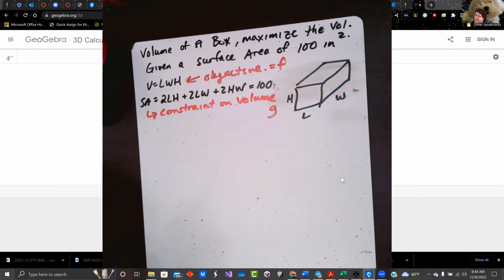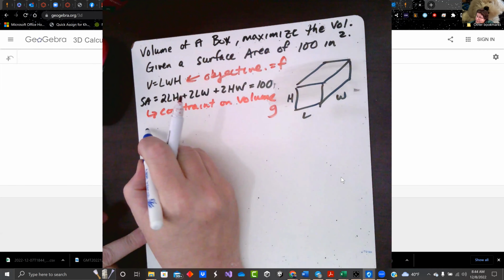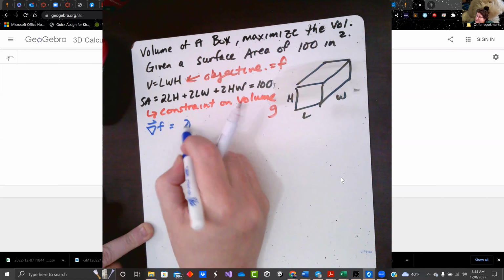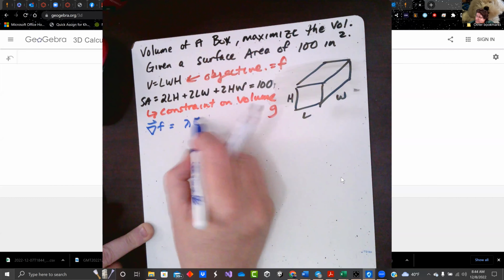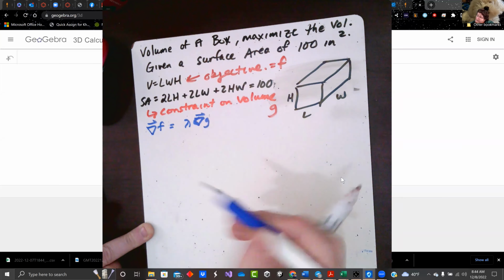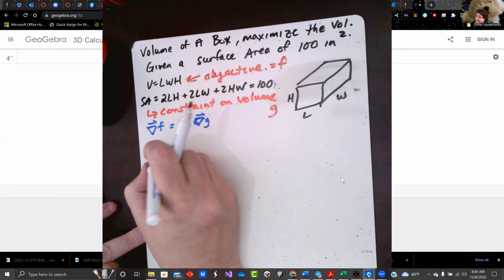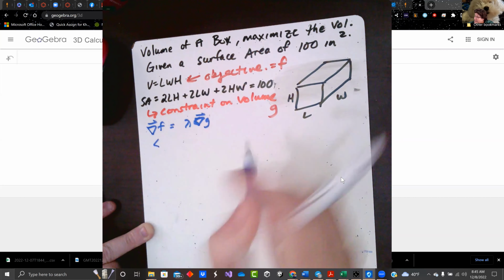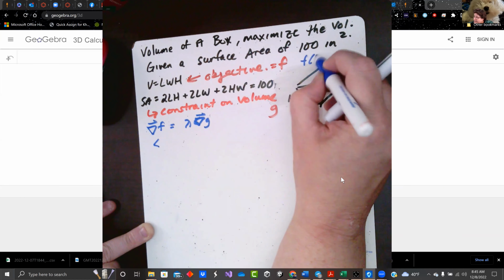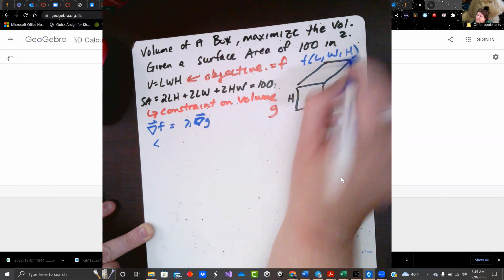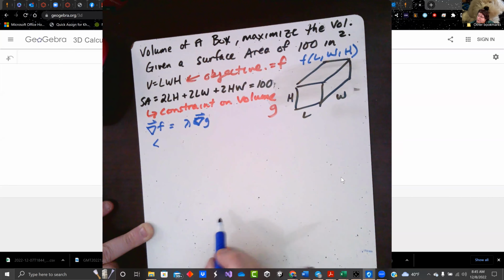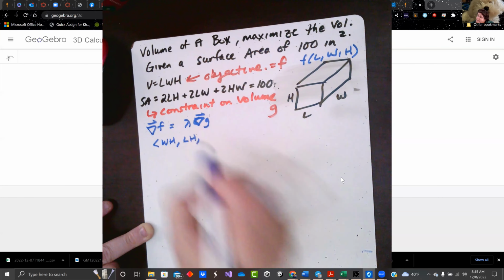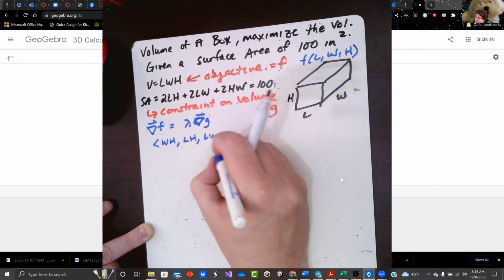So we're going to do the gradient of F needs to equal lambda times the gradient of G. The gradient of F, in the order L, W, and H, is WH, LH, and LW.